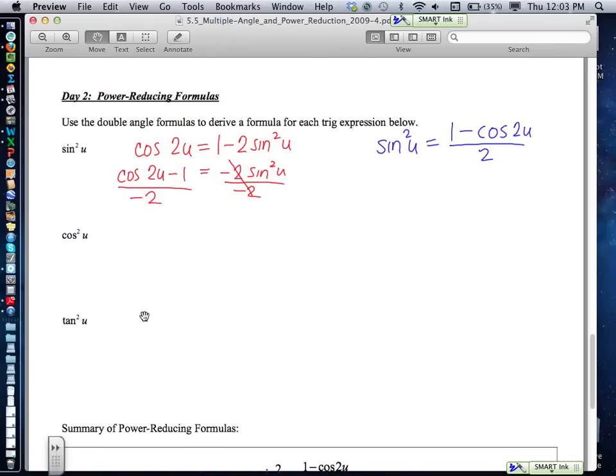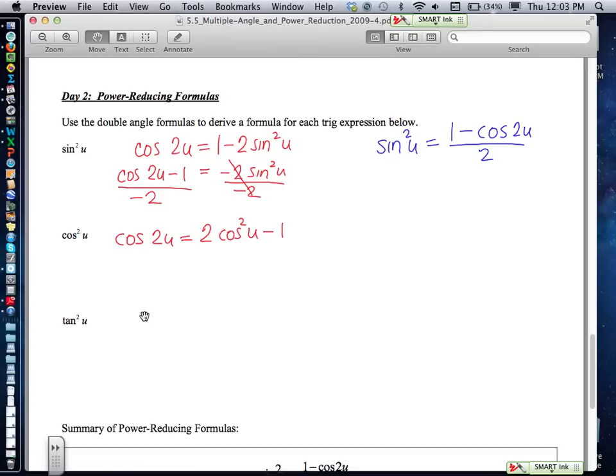All right, so let's come up with another formula, this time for cosine squared. So for this one, I'm going to start off with this version of cosine 2u. Which one am I going to start with? Did someone start to say it? All right, so we're going to start with 2 cosine squared u minus 1, because that's what equals cosine 2u that we learned yesterday, the double angle formula.